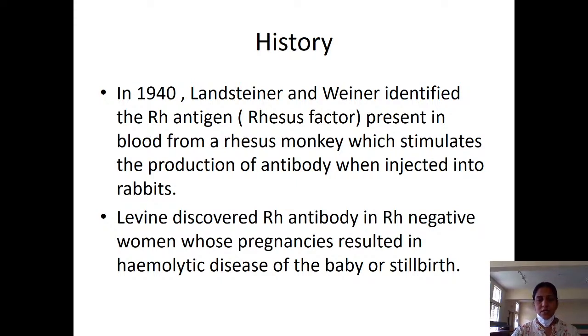So they saw that when the baby was affected with hemolytic disease, they found some Rh antibody against the Rh antigen. This antigen was unknown at that time, and it was also found in the blood of a rhesus monkey, so it was named the Rh antigen.